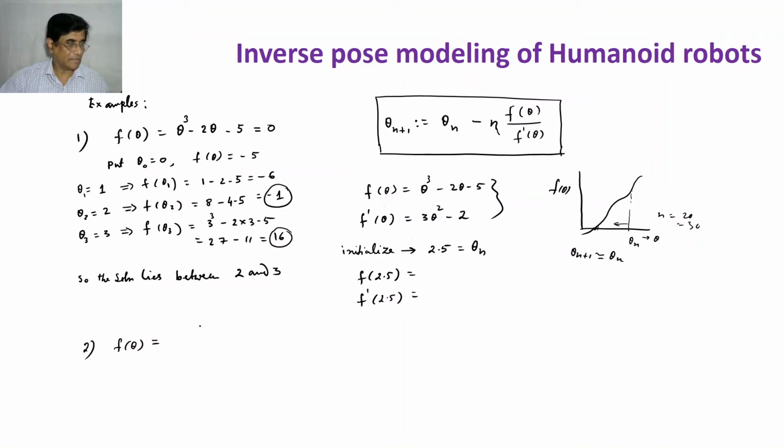Say, okay, we can make some function equal to 2 theta minus sin theta minus 1.